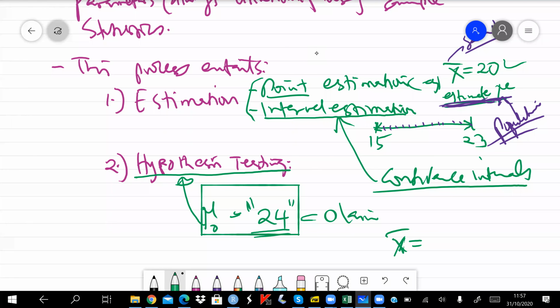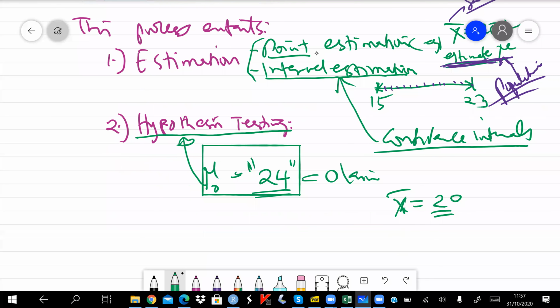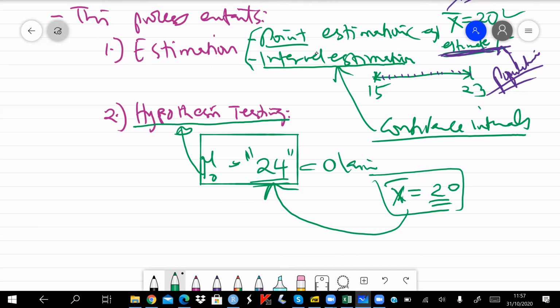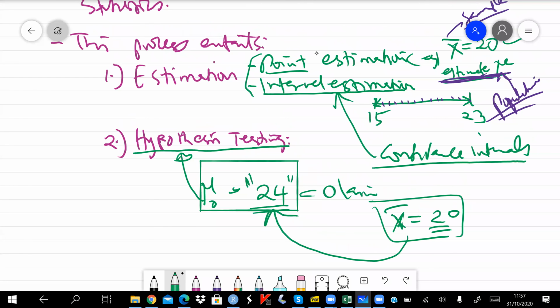Maybe I'll get the mean is 20. So the process of hypothesis testing will be to check whether this value actually supports that claim. So we'll be going to the details a little bit later, okay? But basically those are the processes that we shall be dealing with: interval estimation and hypothesis testing for one sample and two independent samples, okay?